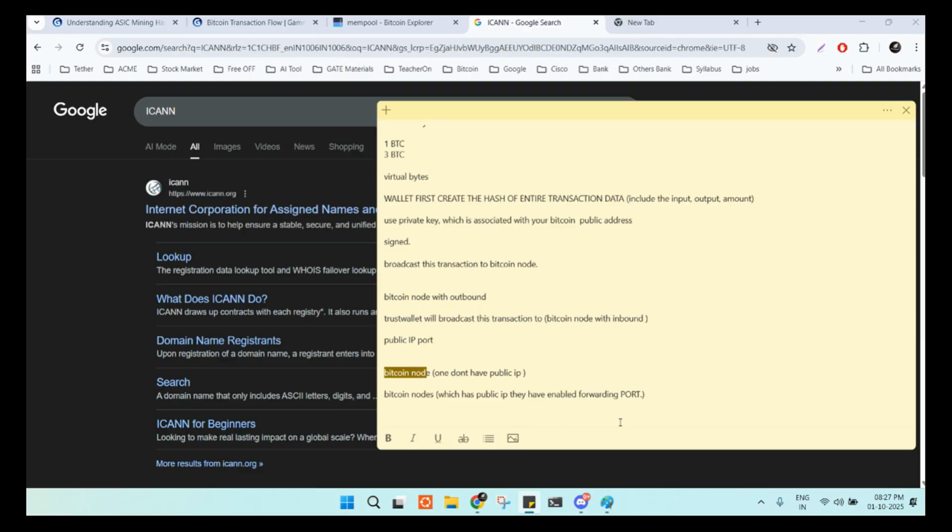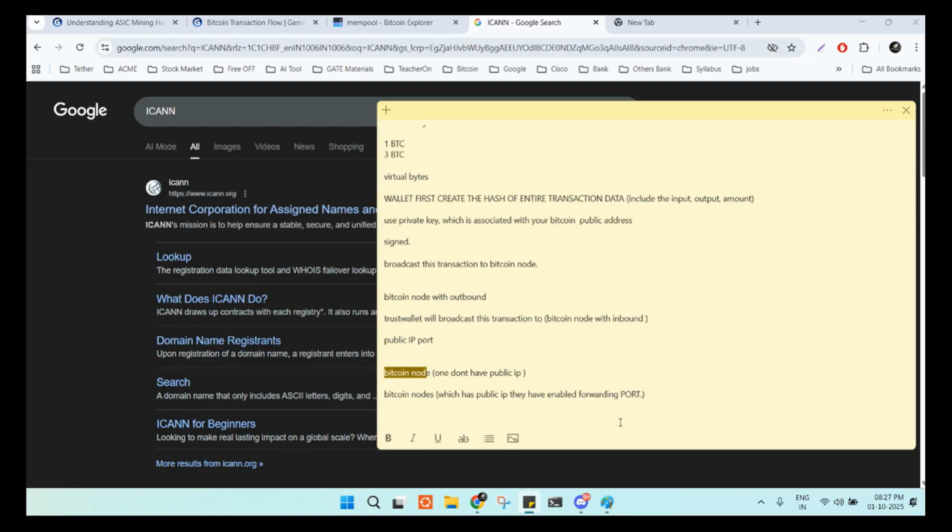Let us suppose we have initiated the transaction. Trust Wallet did all the UTXO selection and private key signing, and after that the transaction gets broadcast to the nodes.